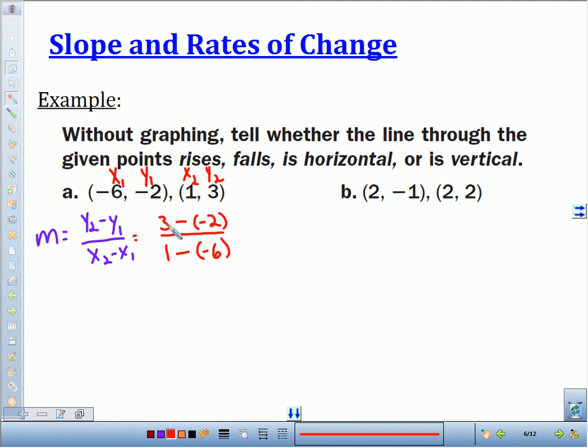So here again I have 3 minus negative 2, which is really just 3 plus 2, and 1 minus negative 6, which is really 1 plus 6. So 3 plus 2 is 5, 1 plus 6 is 7. My slope then is 5 over 7. 5 over 7 is a positive number. That means that since it's positive, the slope rises.